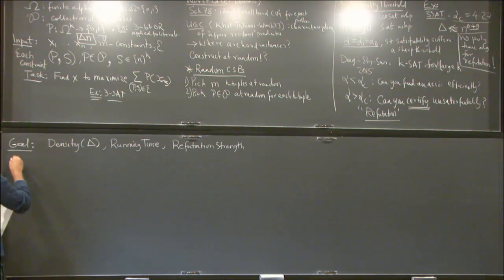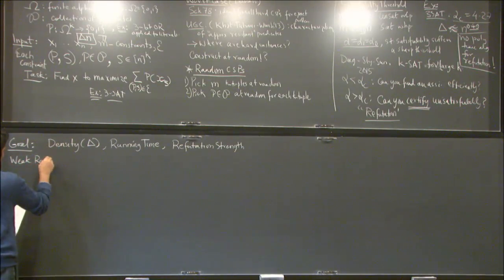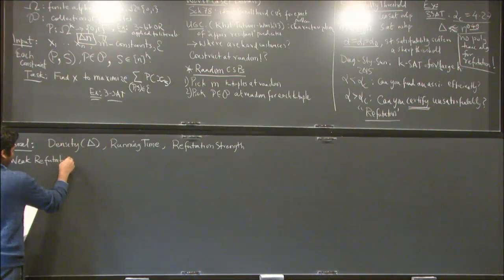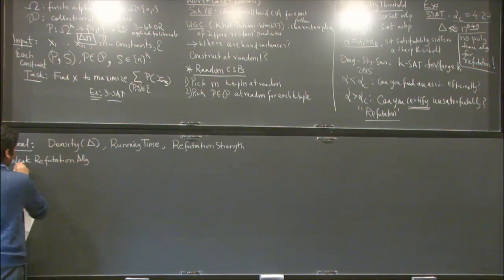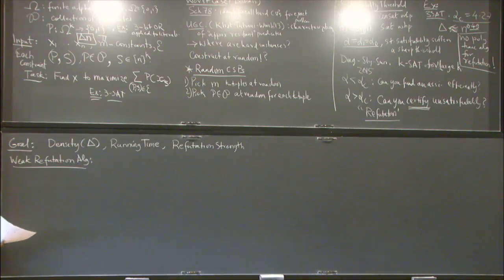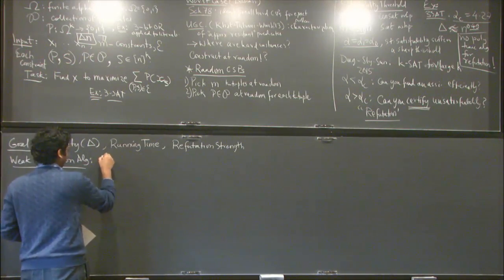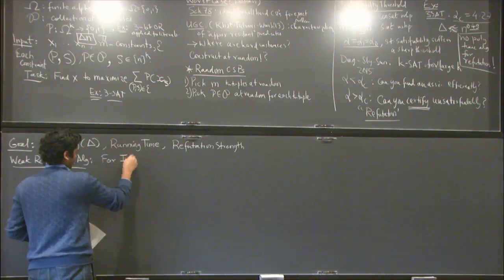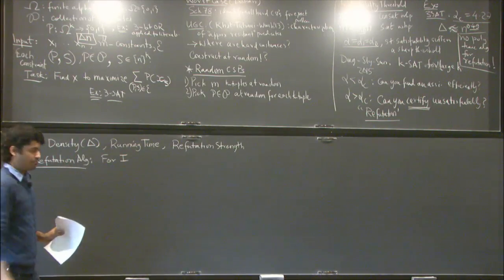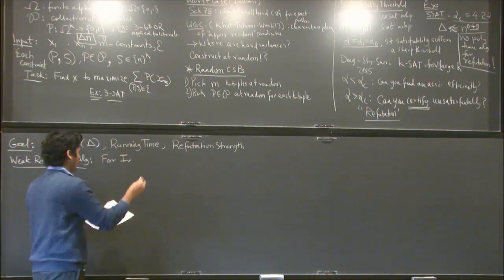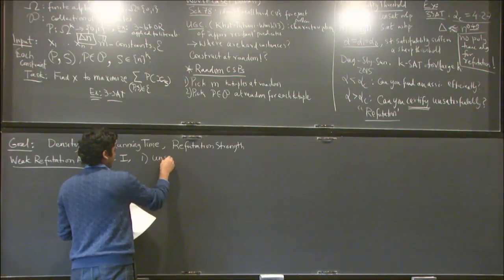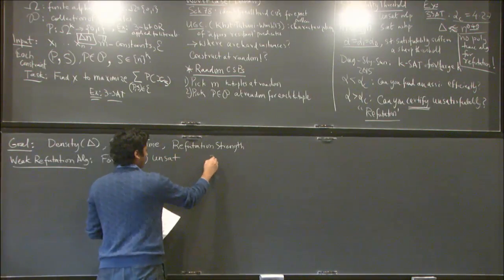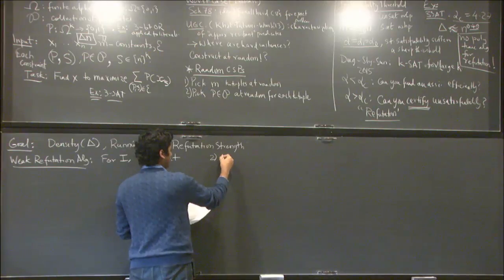What I described there is what is known as a weak refutation algorithm. Formally, what this algorithm has to do is the following. For every instance I, it has 2 options. It can either output unsatisfiable, or it has to output don't know.